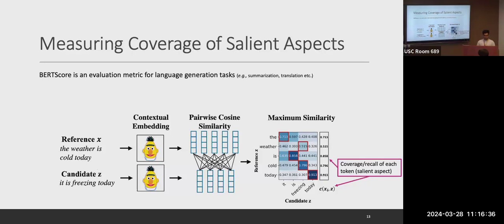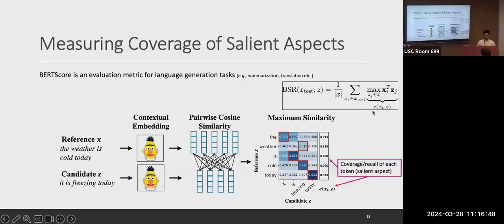We can use this for our setup of example selection by using the test input as the reference and all the candidate examples as the candidates. And then in a formula, this is what it will look like. It would be a summation over all the test input tokens of the maximum cosine similarity it receives with respect to all the candidate tokens.